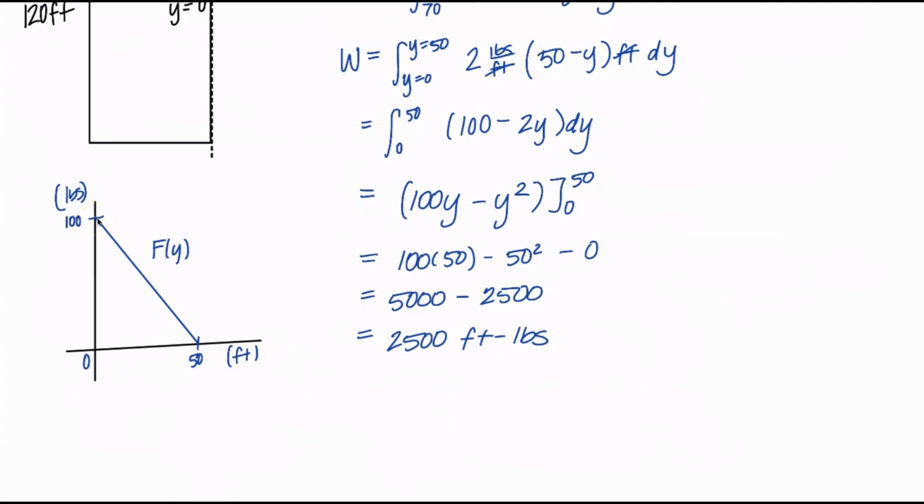And then the weight of the rope is going to drop by 2 pounds every foot, all the way down to eventually 0 pounds once all 50 feet have been lifted. The work done is finding the area underneath this force function between 0 and 50. So we essentially found the area of this triangle here.